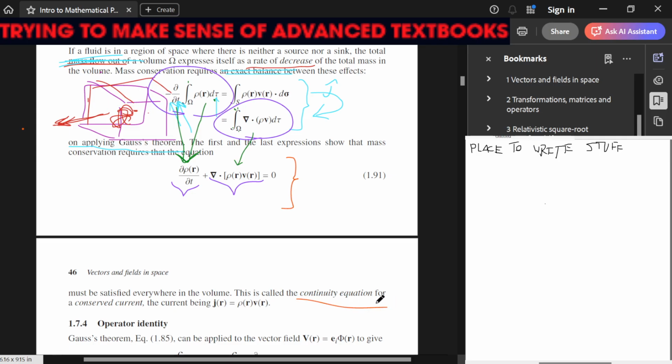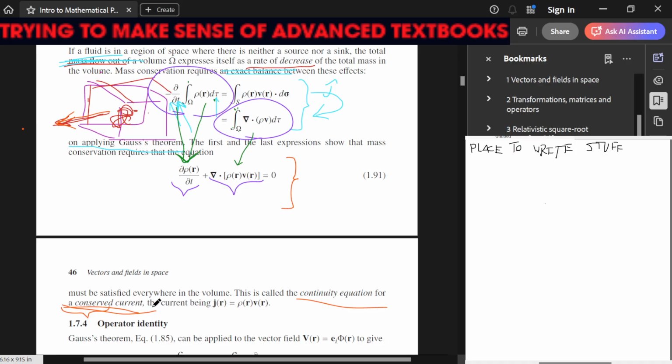This is called the continuity equation for a conserved current. Conserved current. I guess conserved comes from you're conserving the mass, like nothing is happening to the mass, because the mass is just leaving. I don't know.